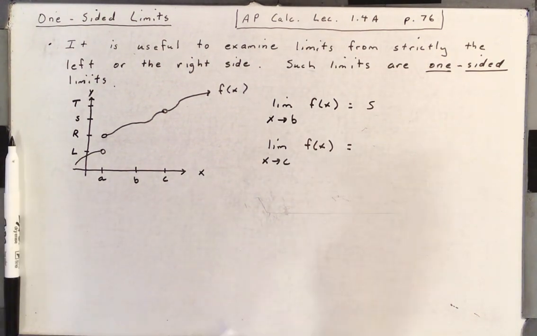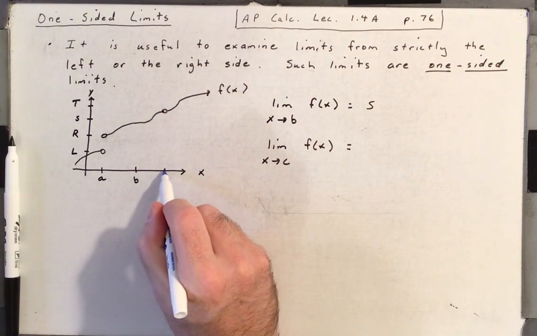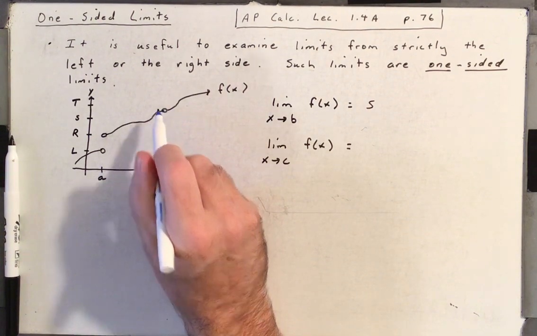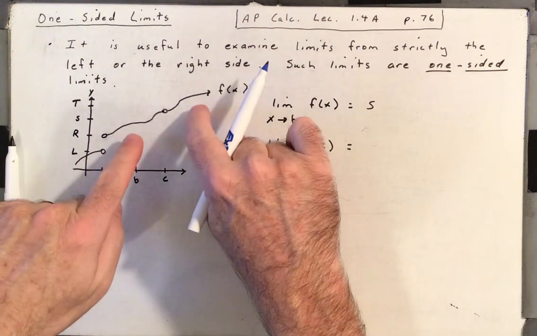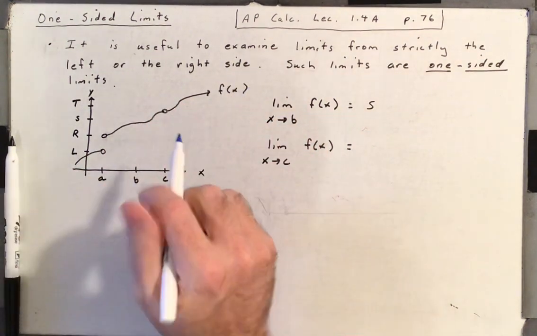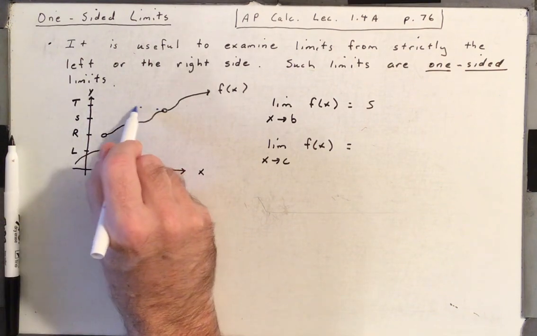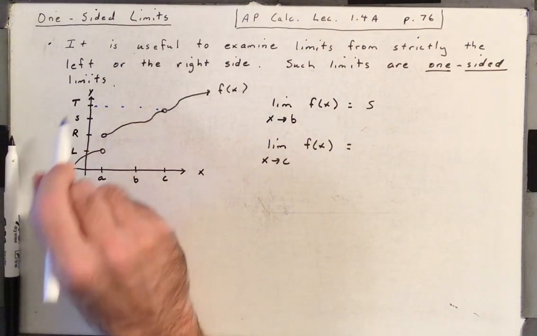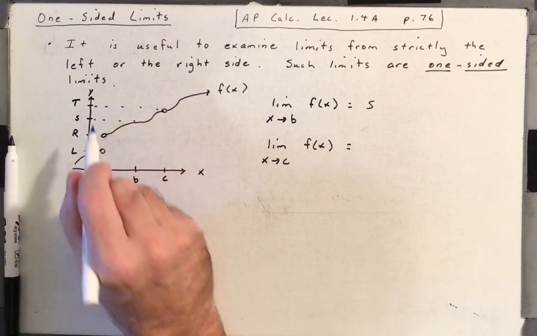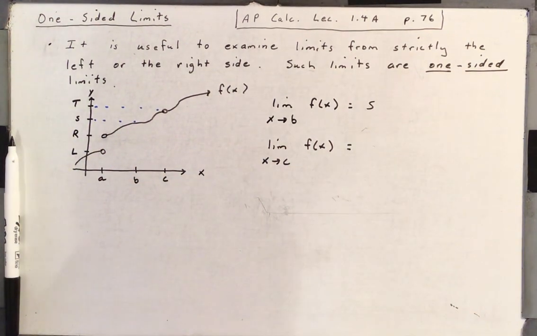It's okay that there's a hole there because there's no jump or break. Your hands come together at T. So at B it was S, and at C the y value is T.